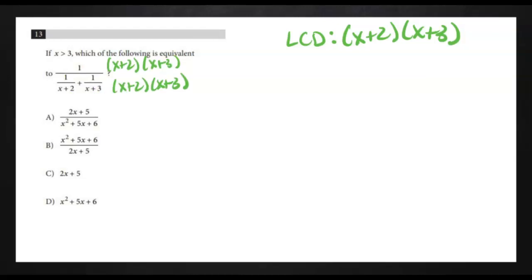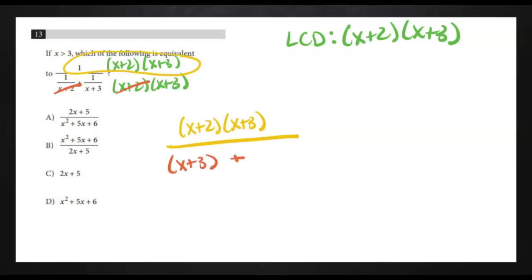So let's take the numerator, and when I multiply, I'm going to get (x plus 2)(x plus 3) on the numerator. In my denominator, what's going to happen is I'm going to have x plus 2 cancel, and I'm going to be left with an x plus 3. And then in my second fraction, the x plus 3 cancels and I'm left with the x plus 2.